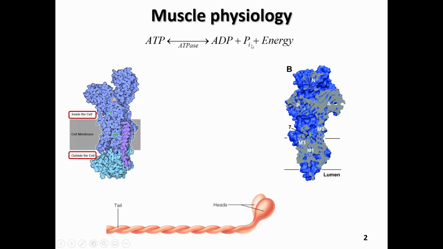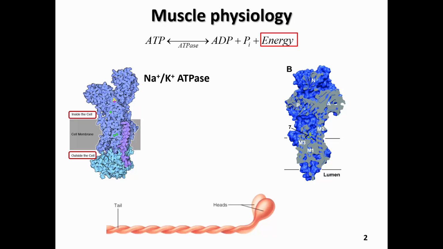And in doing so, the chemical energy that held the inorganic phosphate to ADP is transformed into heat and usable energy. That usable energy is mechanical in nature in the sense that molecules or other large proteins will be moved.